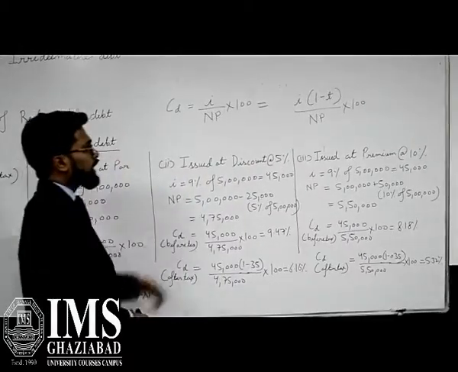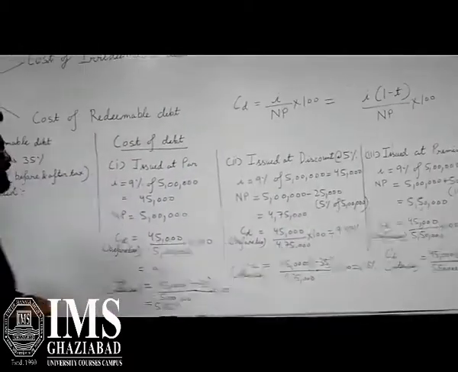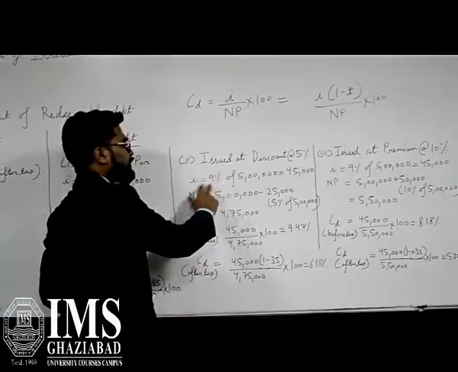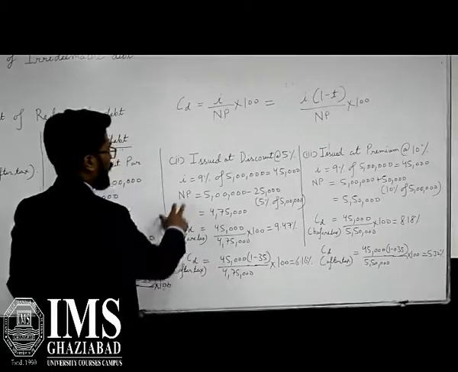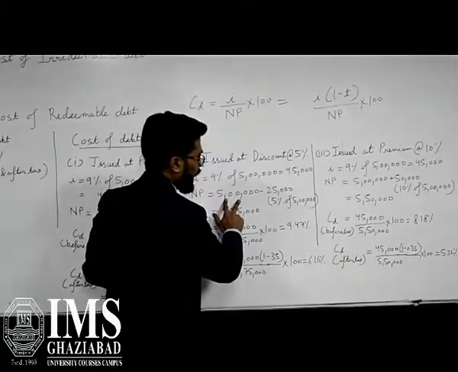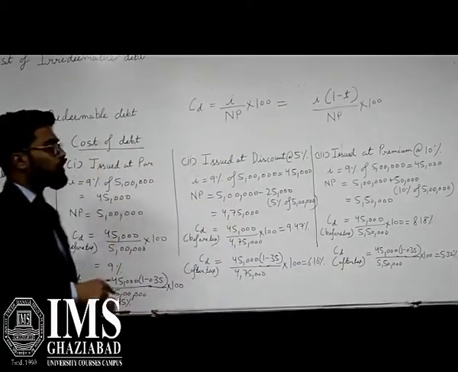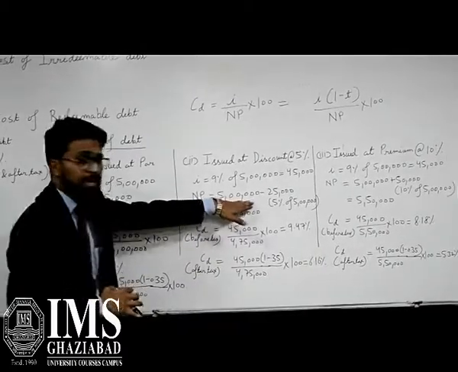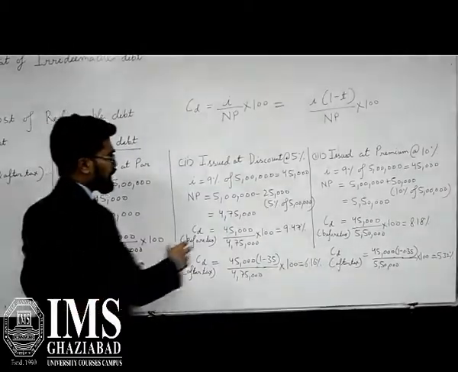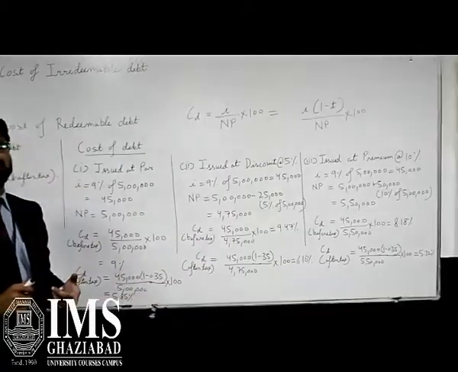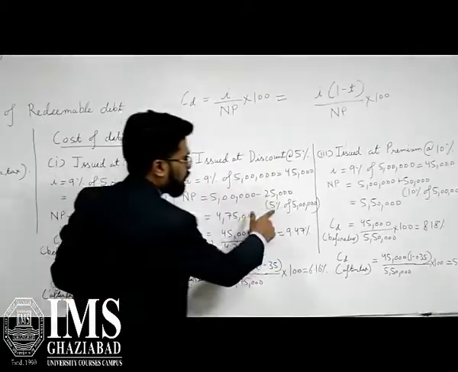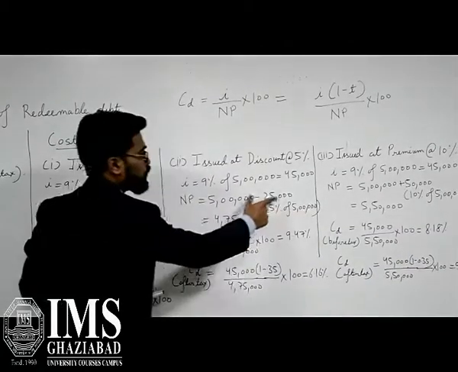Now, issued at a discount of 5%. Here the interest is 9% of rupees 5 lakh, that is 45,000. We are receiving rupees 5 lakh from the investors, but 25,000 is a discount, which is an expense for the company. 5% of rupees 5 lakh is 25,000.